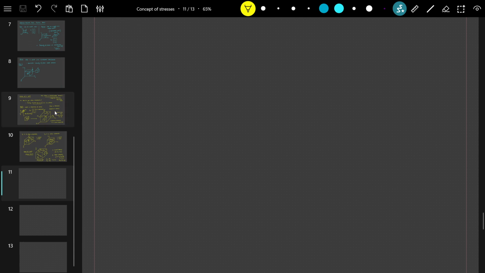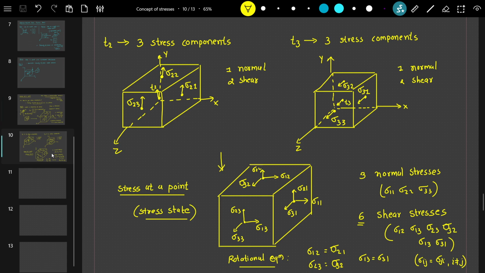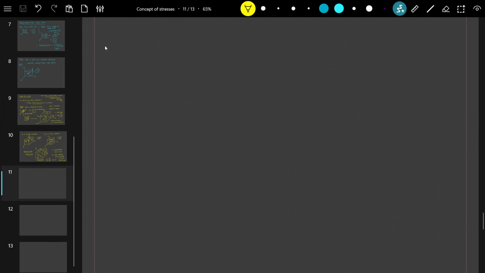Let me now summarize how we can write or describe the stress at a point in tensor form or in matrix form.